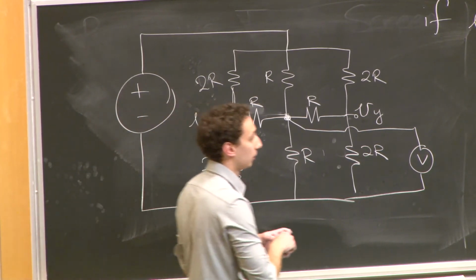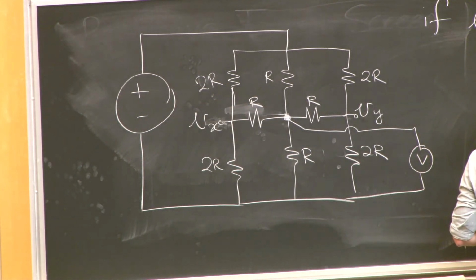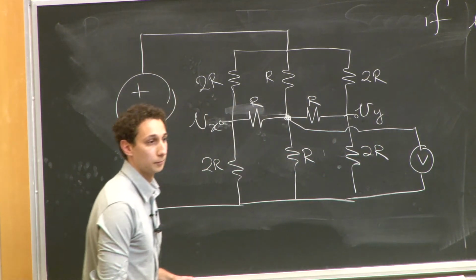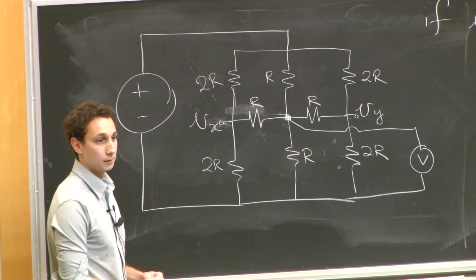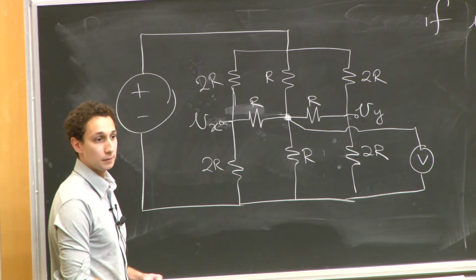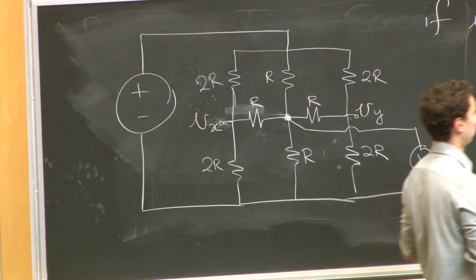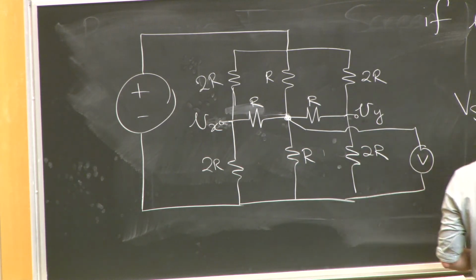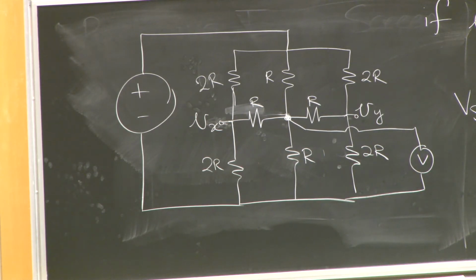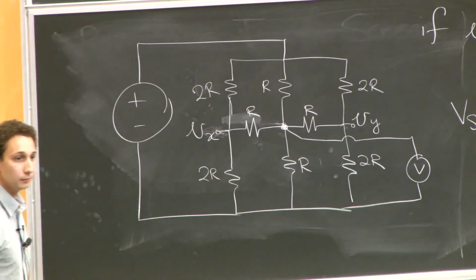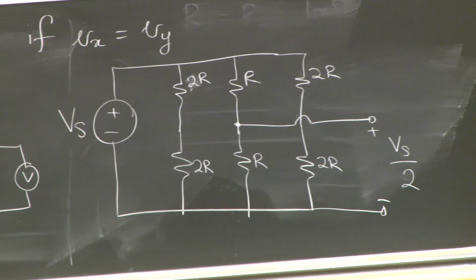And so now, what's the potential right in the middle? It's just a voltage divider, right? Specifically, a division by 2. So if I've got some source voltage Vs, it's Vs over 2. Okay?